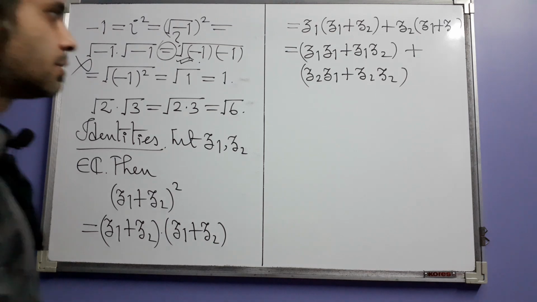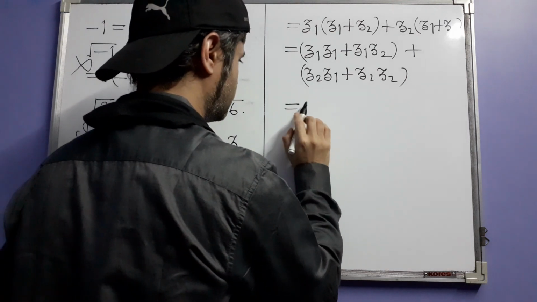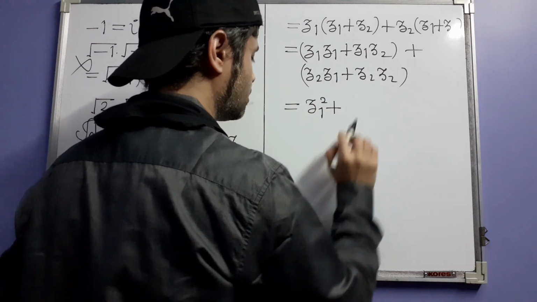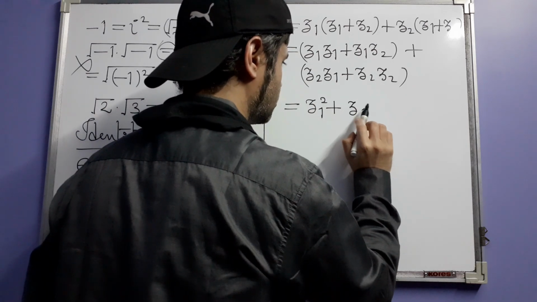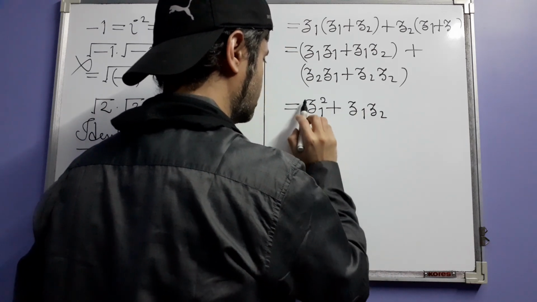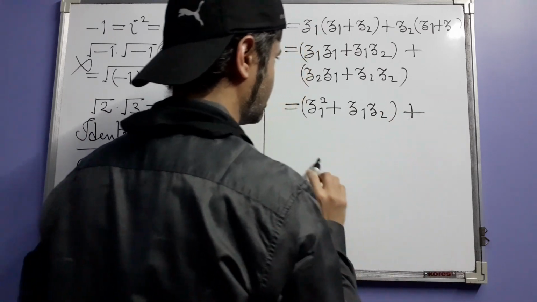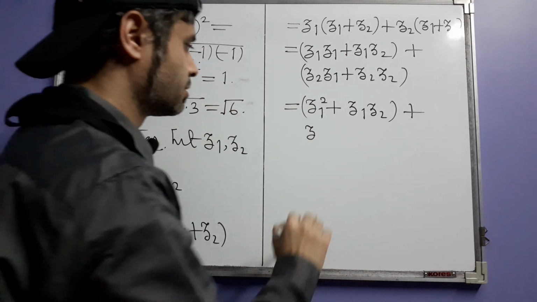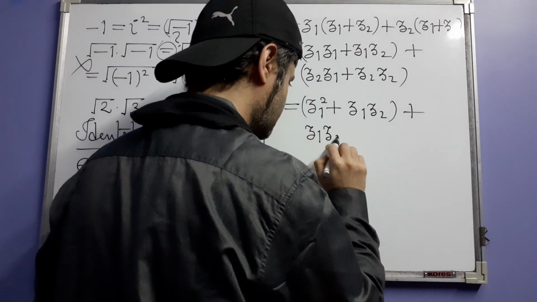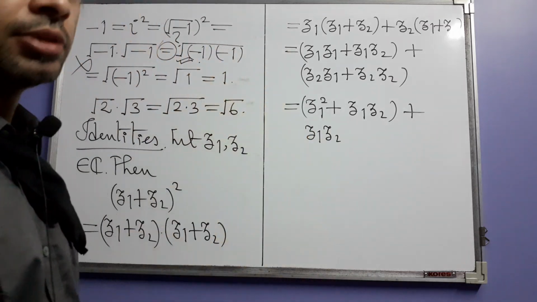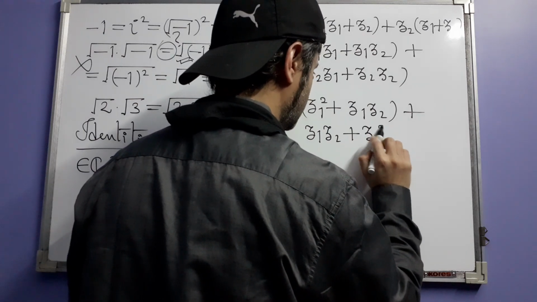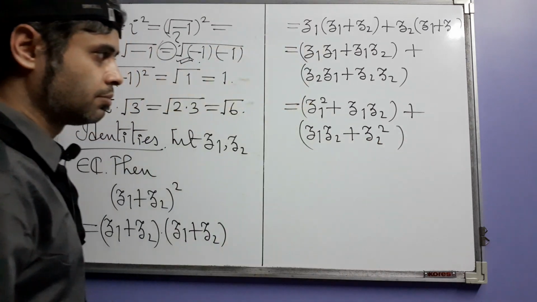Z1 Z1 of course is Z1 squared plus Z1 Z2 plus. Now in place of Z2 Z1 you can write Z1 Z2 because complex multiplication is commutative, that is why. Okay.